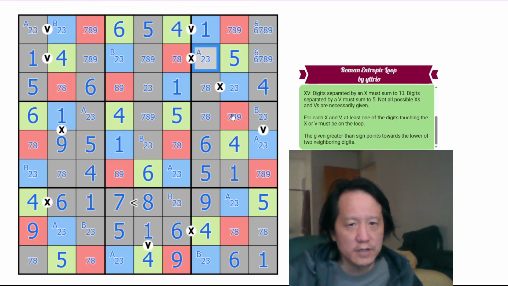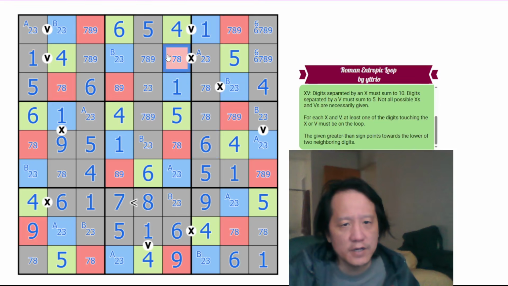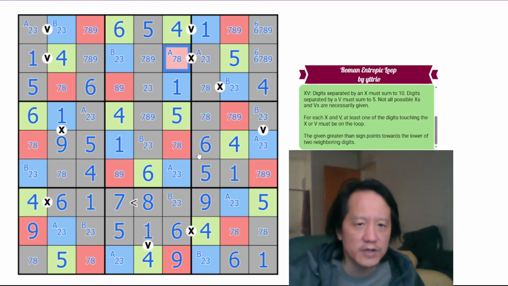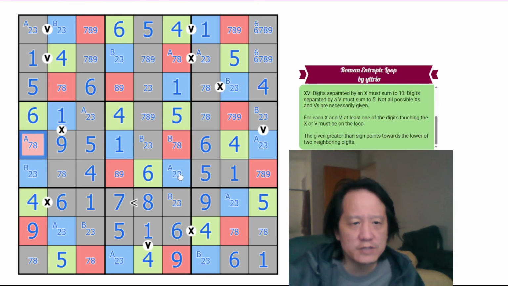Which makes this A, and that's B. So this is A and A, so this is A 7, 8, which makes this B 7, 8, which makes this A 7, 8, which makes this B 7, 8.